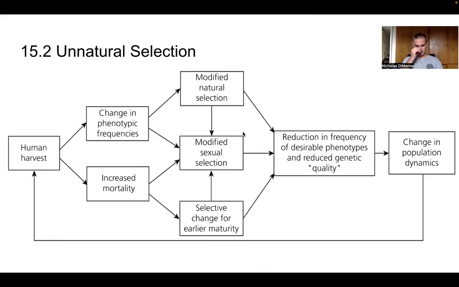Sexual selection, and then earlier maturity, right? This results in reduction of frequency of genetically desirable or phenotypically desirable individuals, reduced genetic quality, obviously reduced heterozygosity and allelic diversity, which changes population dynamics.